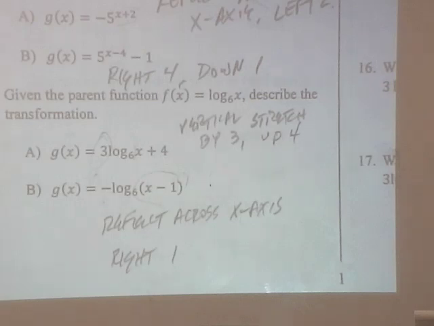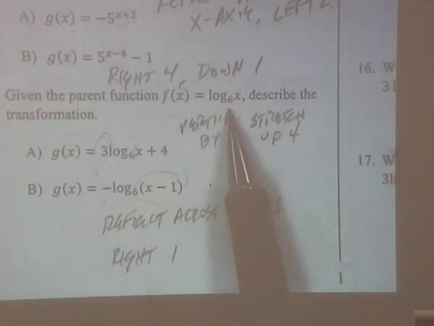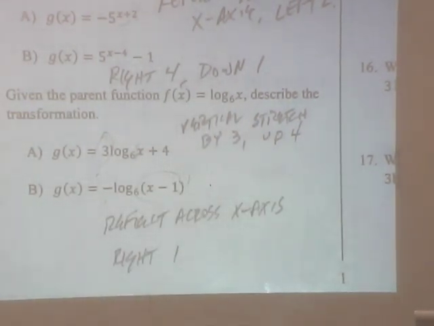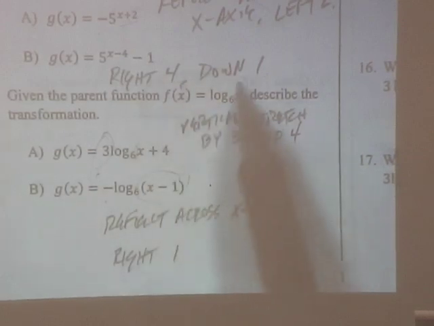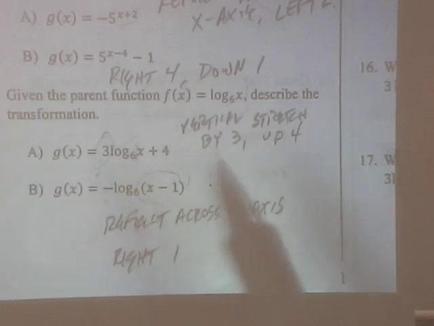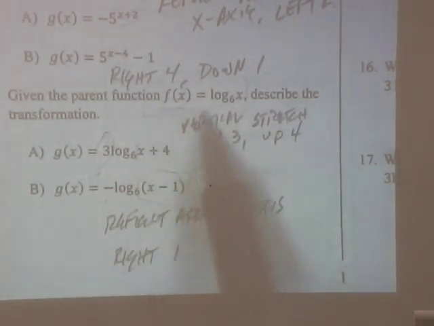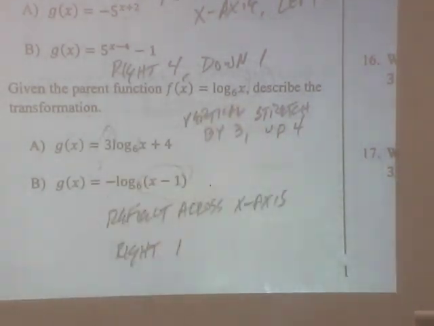The parent function is log base 6, so that doesn't change. They're telling us that we're comparing it to this, so the 6 didn't change. It says what happens to this if we do these things to it. The 6 didn't change anything.